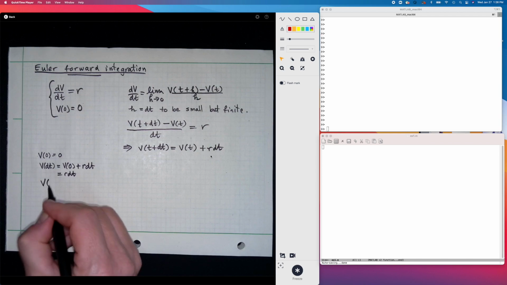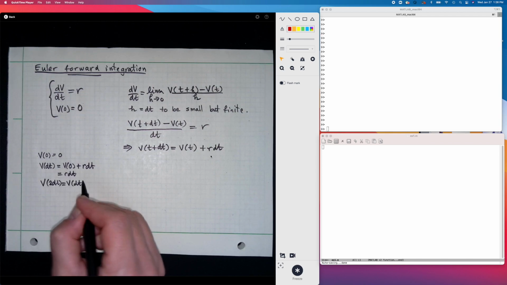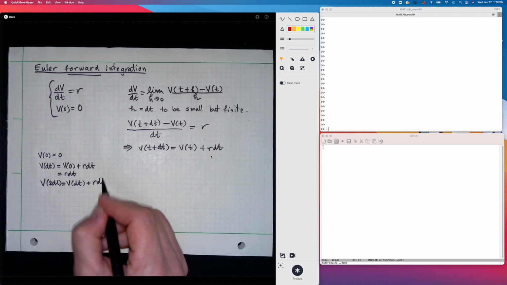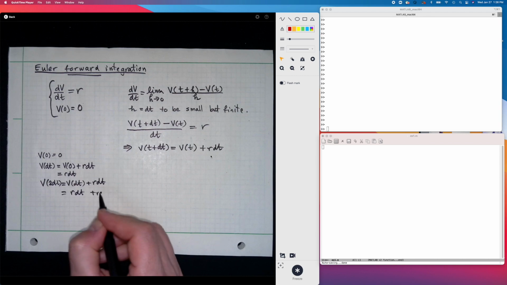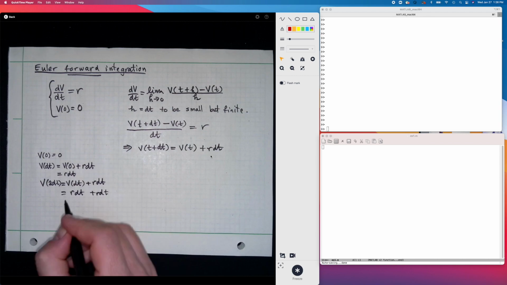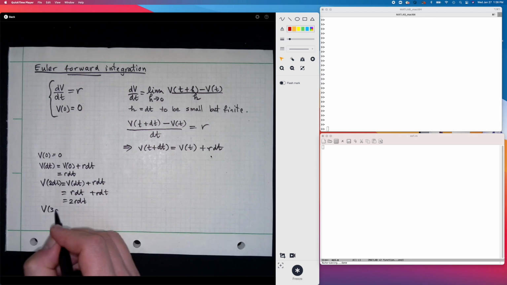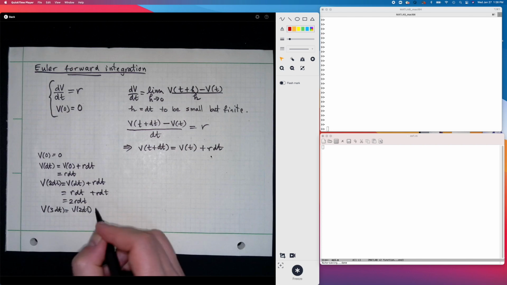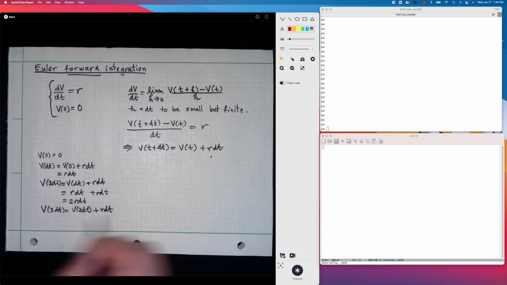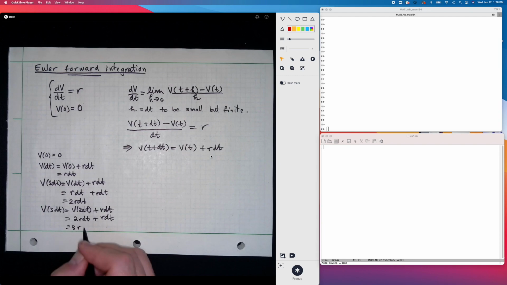At the next time step, V at 2dt is V at dt plus R dt, which is R dt plus R dt, equal to 2R dt. Then V at 3dt is V at 2dt plus R dt, equal to 2R dt plus R dt, equal to 3R dt.